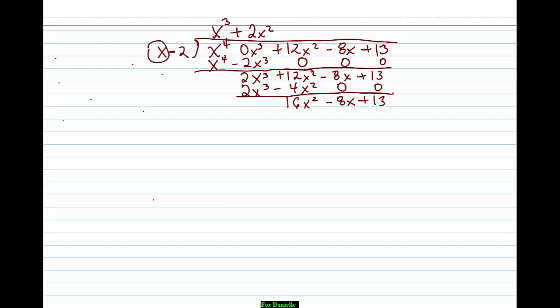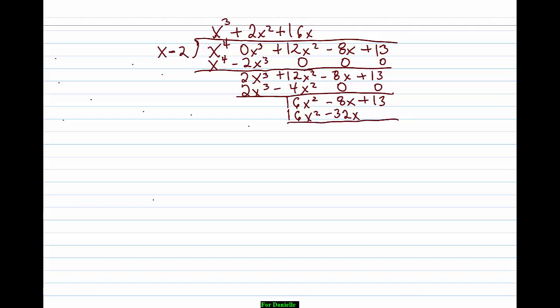Same game again. We're going to look and see what multiplied by that x would give us 16x squared. And we can see that that is 16x. Again, we're going to multiply the 16x times the x and then times the negative 2. 16x times the x is 16x squared. 16x times the negative 2 is negative 32x.